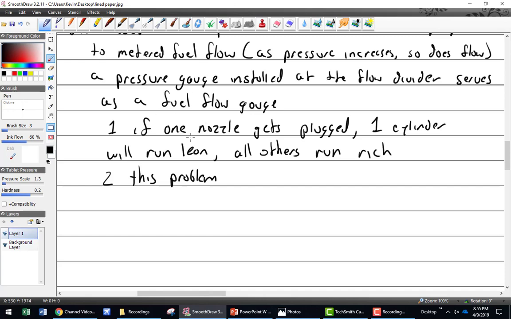Okay. What is the problem going to look like? The problem will present as, what do you think? CHT will be different on the cylinders. So we'd have one high CHT, or a definite split.